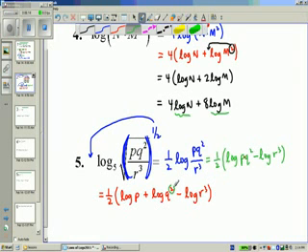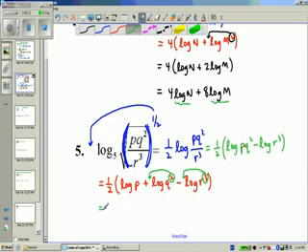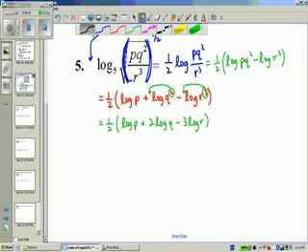And now when I look at this, I see this power and this power that can come out in the front. So that'll give me 1/2 log P plus 2 log Q minus 3 log R. And the only thing I can see that we can do from here is multiply this 1/2.